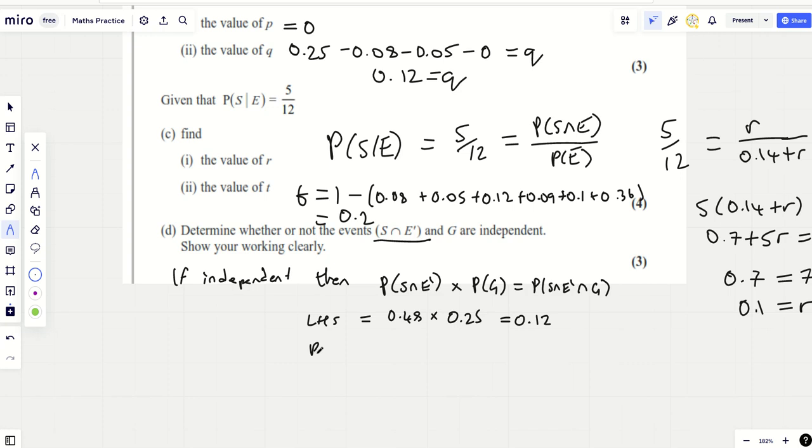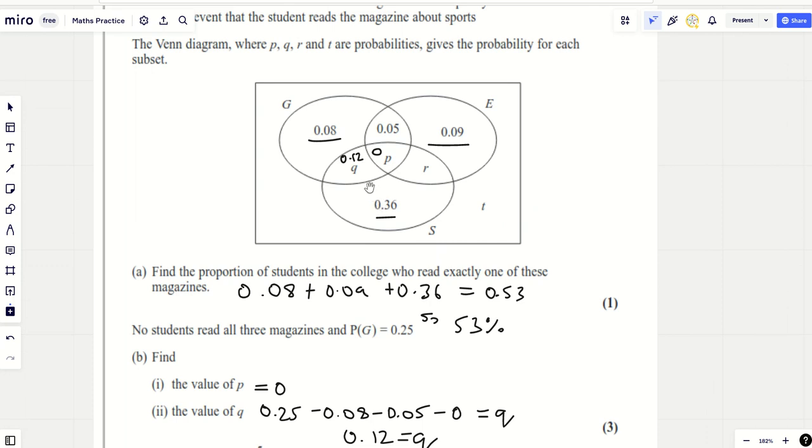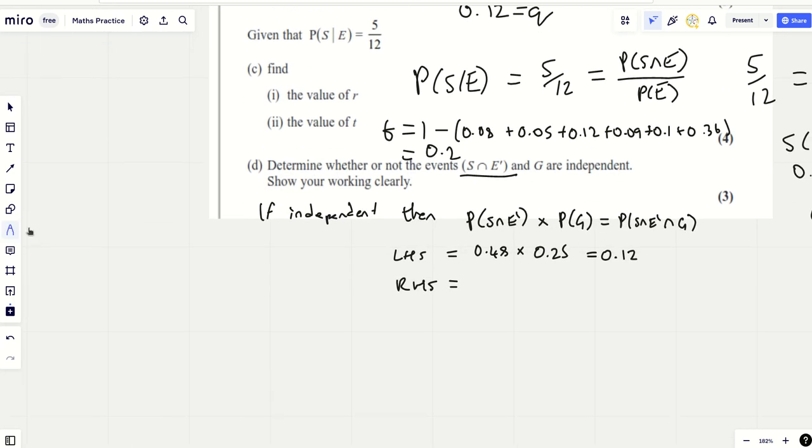The right-hand side, that's S and not E, and it's in G. So it's going to be in S, it mustn't be in E, and it must be in G as well. That's just a 0.12 here. Oh look, this holds, therefore they're independent. The left-hand side does in fact equal the right-hand side. Hence, the two events are independent. And that's it.